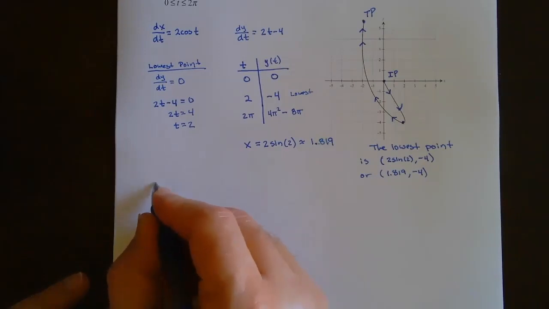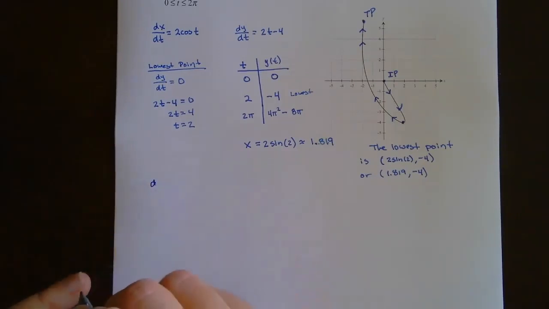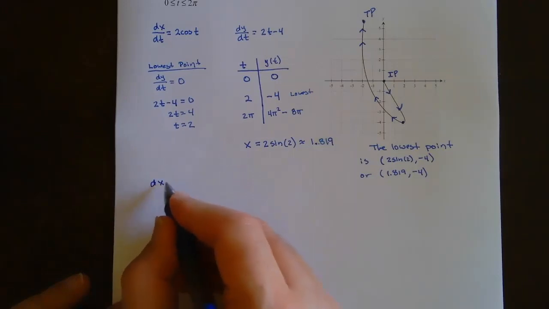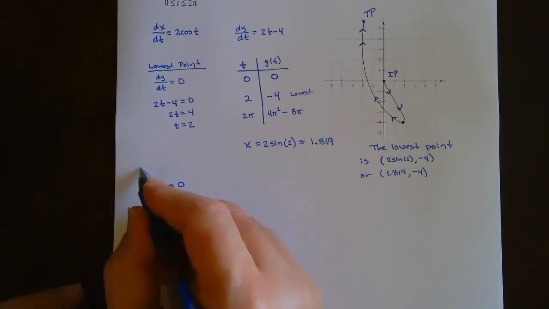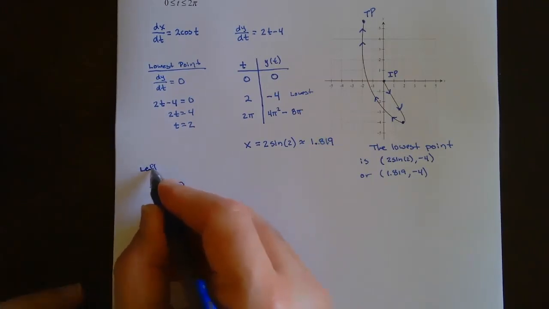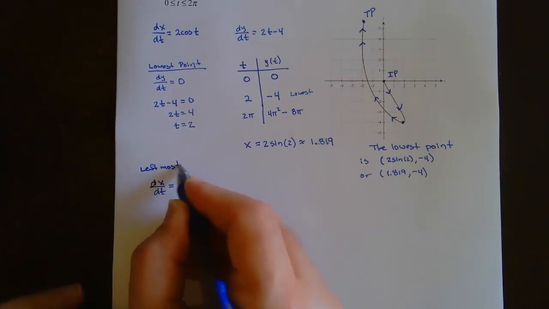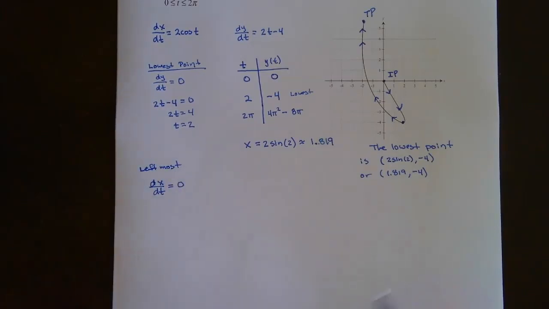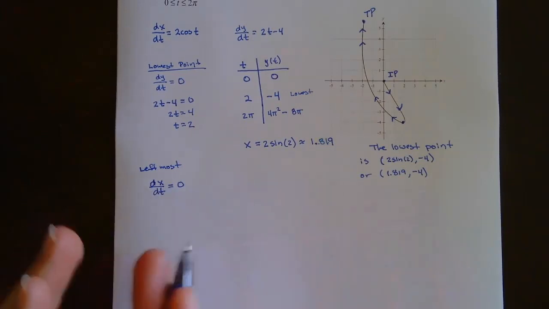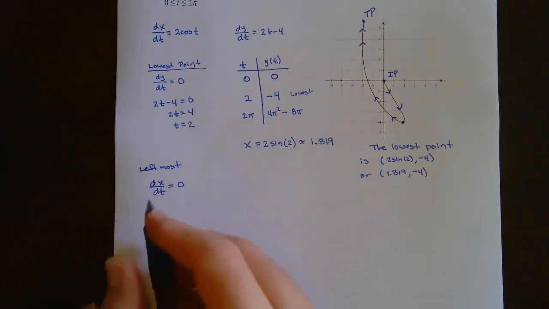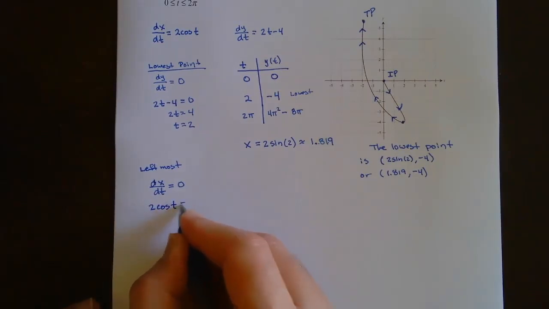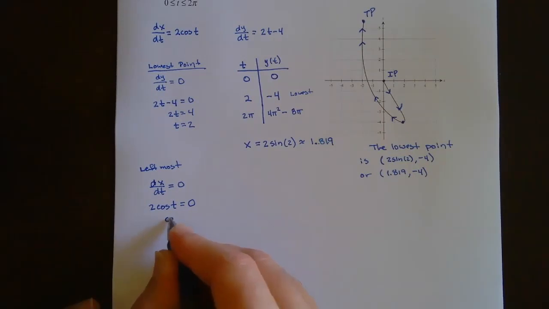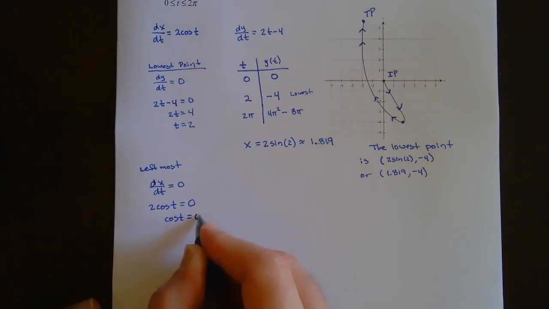So then we're going to look at dx over dt, and we're going to set that equal to 0, right? And this is the leftmost, which means a minimum for the x coordinate. So dx over dt is equal to 0, so that would be 2 cosine of t is equal to 0, which means cosine of t is equal to 0.